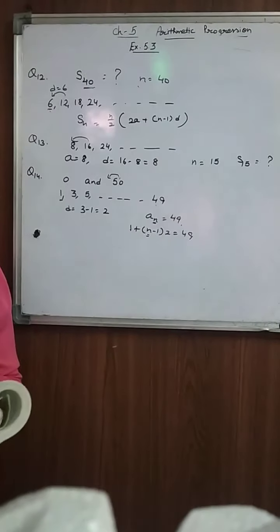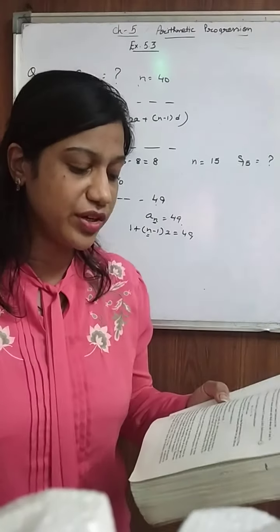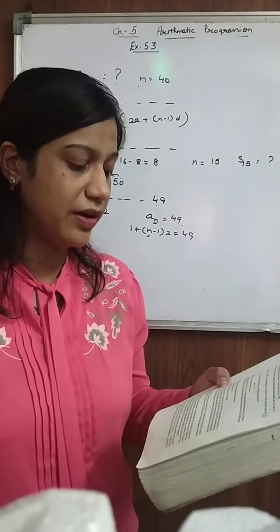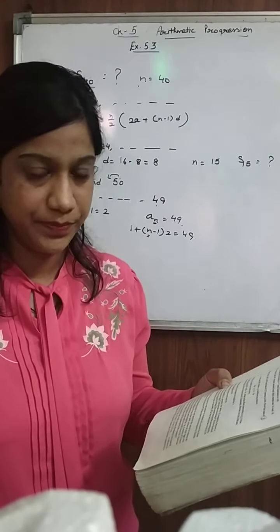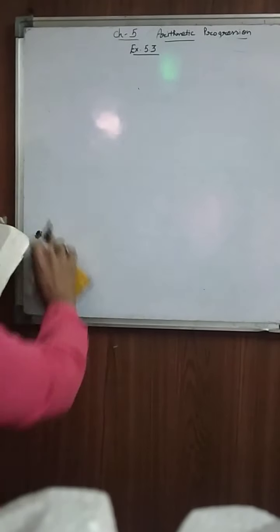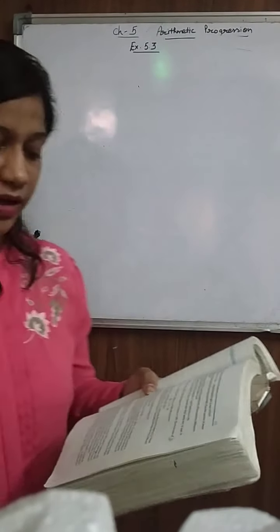15th question. A contract on a construction job specifies a penalty for delay of completion beyond a certain date as follows. It means a contractor has been given a completion date for any contract.